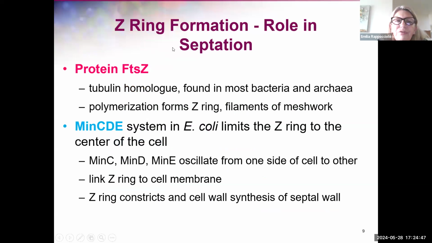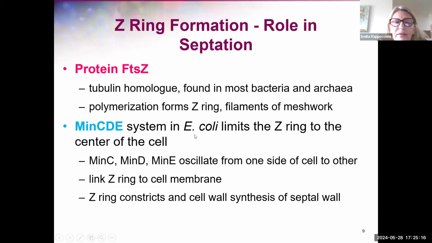For the Z ring formation, again, proteins that we mentioned in the cytoskeleton, like FtsZ, which is a homologue of tubulin that is found in bacteria and archaea, helps with locating the precise place in the cell where the septation needs to take place.